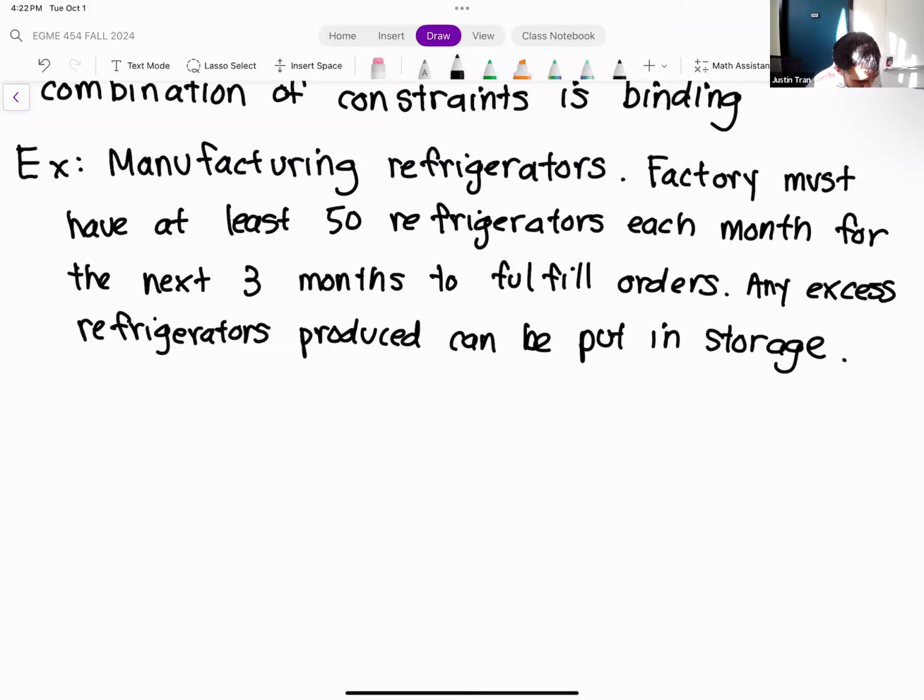Okay, so let's get some equations. In this situation, the firm is interested in minimizing their production costs, right? Because it costs money each month to manufacture the refrigerators. So let's put some equations here.